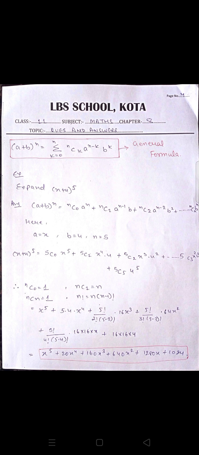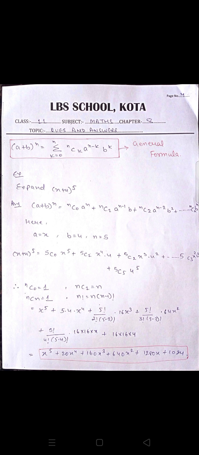One example is: expand (x + 4) to the power 5. First we will apply the general expression formula, which is (a + b)^n equals nC0 a to the power n plus nC1 a to the power n minus 1 into b plus nC2 a to the power n minus 2 into b squared plus and so on.